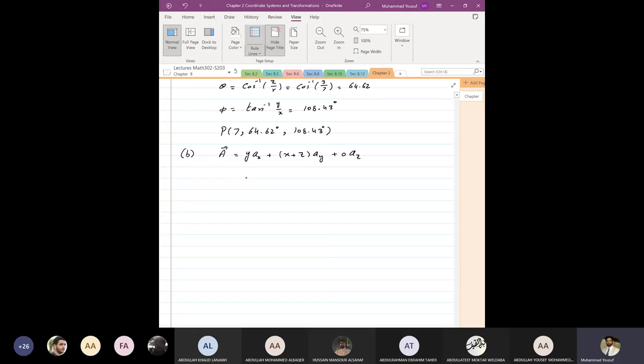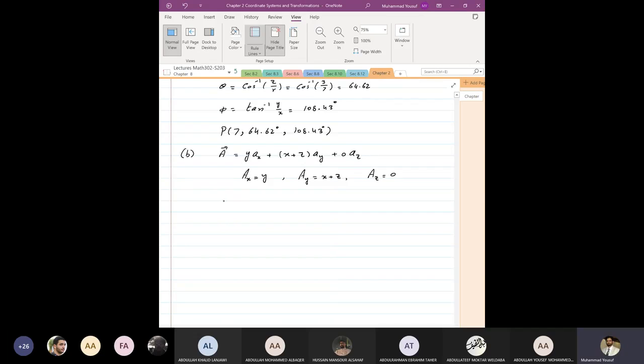You know here capital A sub x is y, capital A sub y is equal to x plus z, and capital A sub z is 0. Small a sub x, a sub y, a sub z are 3 unit vectors in the x, y, and z directions. And capital A sub x, A sub y, A sub z are the x, y, and z components of the vector.